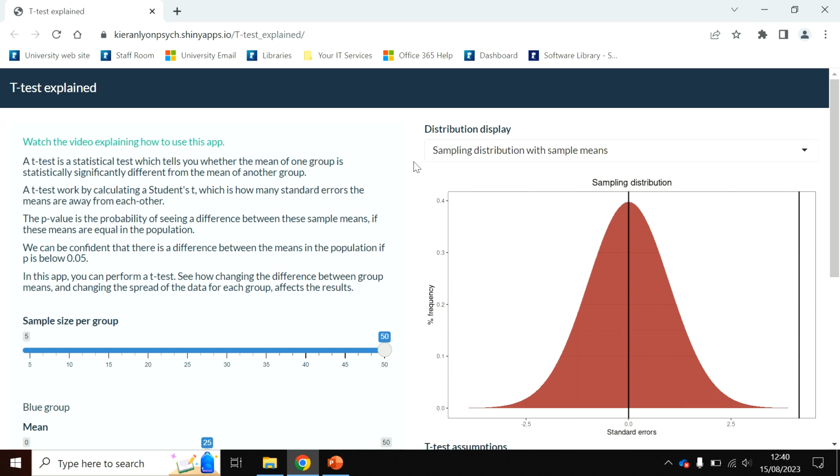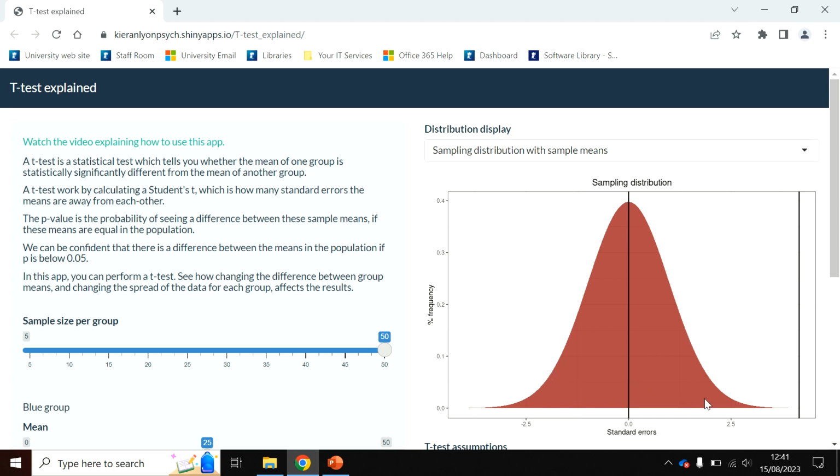I'm not going to explain sampling distribution in a great deal of detail because this has been previously explained in the inferential statistics app, but the basic idea is that if we have lots and lots of samples from the same population, we can create a distribution of those sample means. So if we have a lot of different sample means from the same population, then there'll be a lot of sample means over here, not many sample means over here, not many sample means over here.